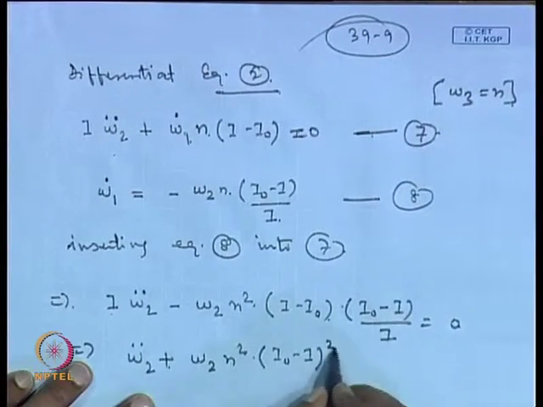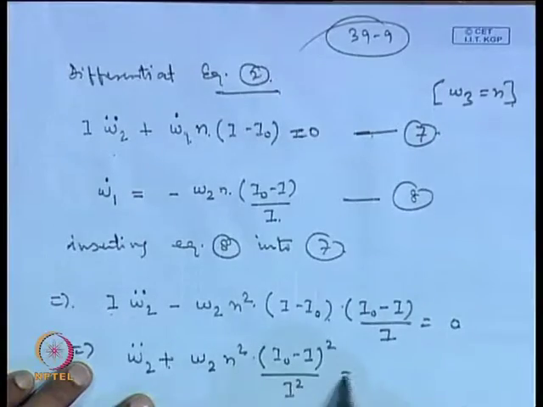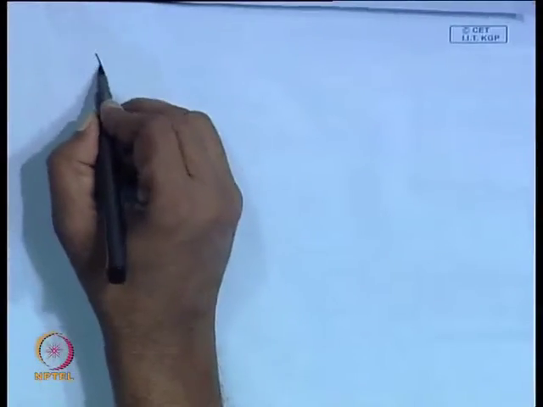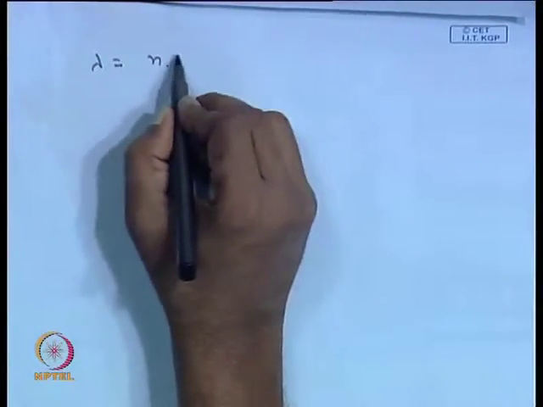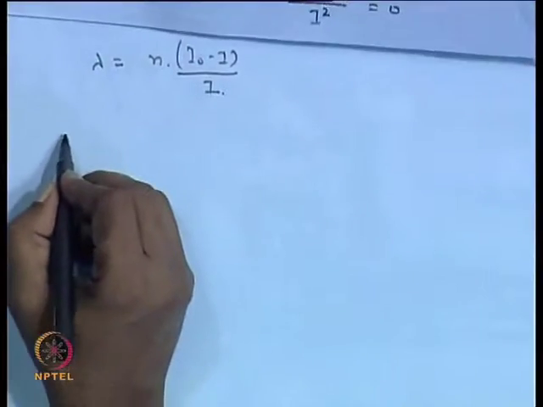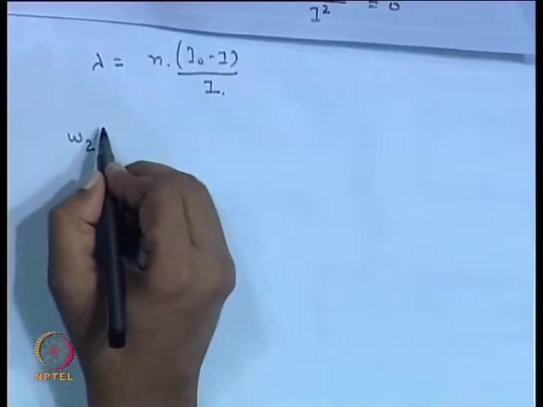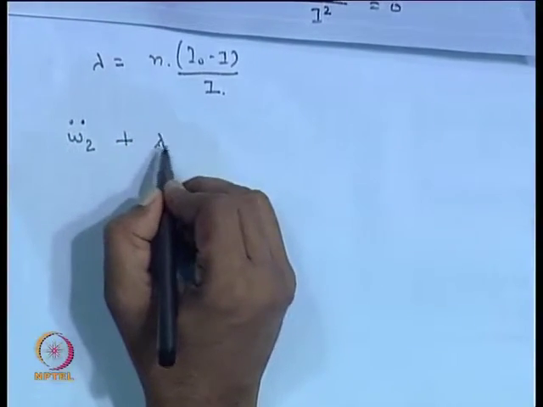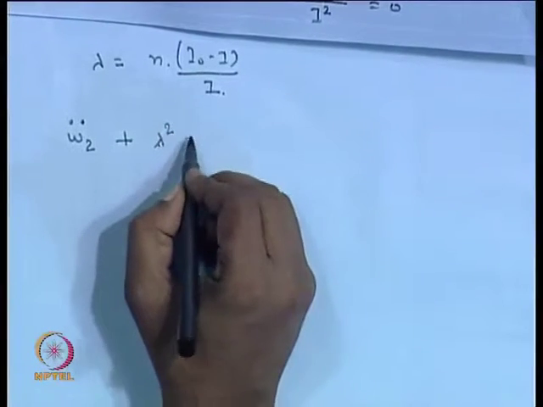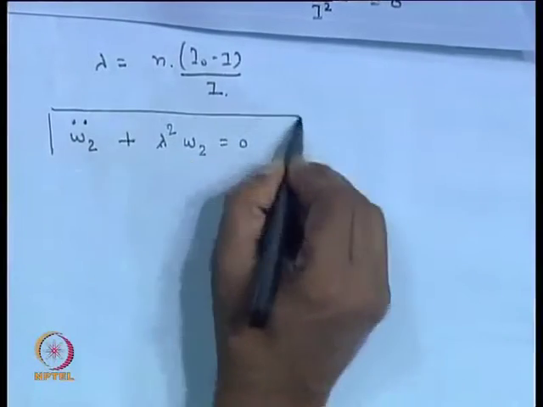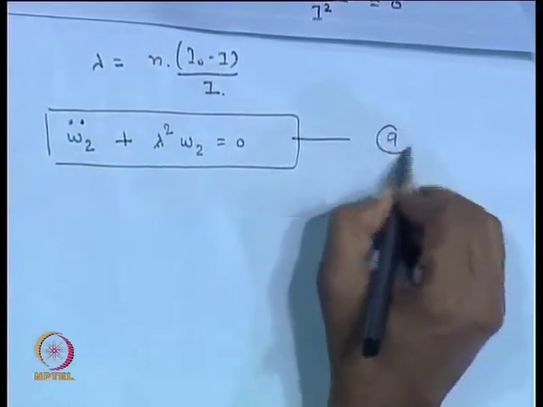So, this becomes a square divided by I square equal to 0. And compactly in the same way, because we have already defined lambda equal to n times (I 0 minus I) divided by I, using that notation we can write this equation as omega 2 double dot plus lambda square times omega 2 equal to 0, and this is our equation number 9.